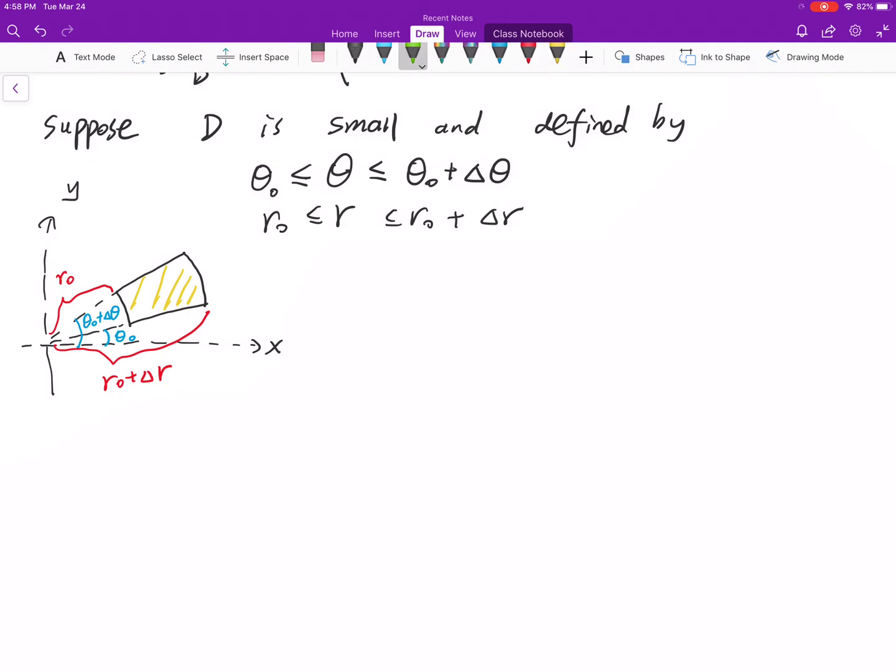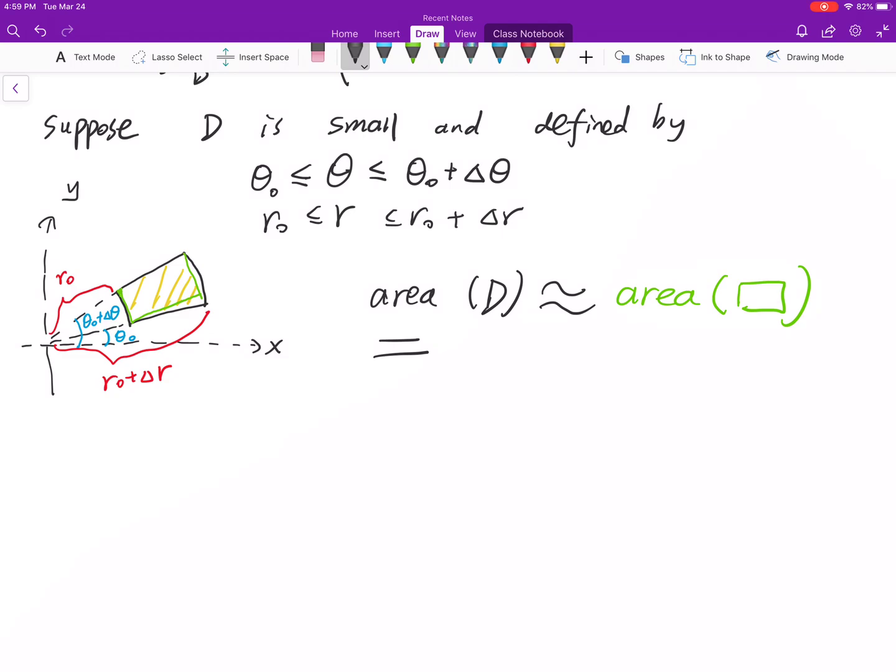Okay, now we can approximate the area as follows. This one is approximately a rectangle, and then we can calculate the area of the rectangle by the product of the lengths of the two sides.